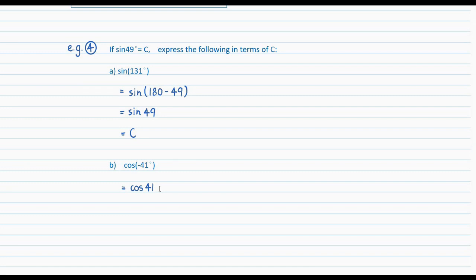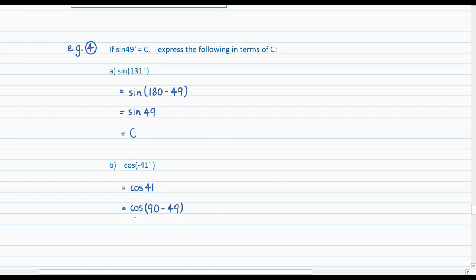So one way we could bring a 49 in is by saying 90 minus 49, which is the same as 41. This rule of subtracting an angle from 90 isn't something we're familiar with from the quadrant rules we've already covered, because those are only in terms of just theta, 180, or 360.